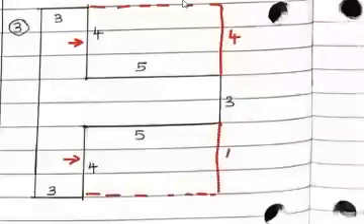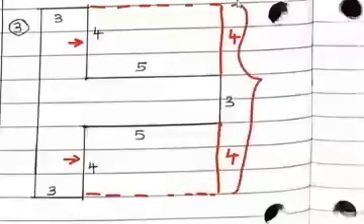Now look here. This whole length equals 4 plus 3, 7, 11. This whole length should be equal to this gap, right?